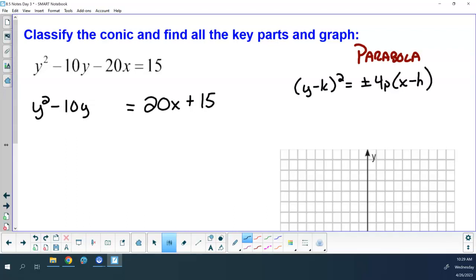Okay. Negative 10 divided by 2, negative 5 squared, 25. So this gap gets filled with 25, which means that I have to add 25 to that side.